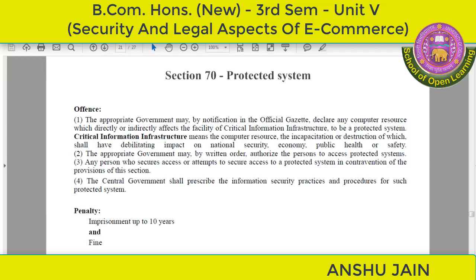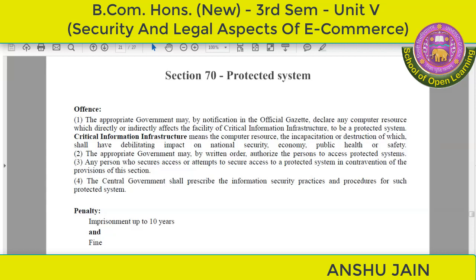Now if the government is declaring any computer resource which directly or indirectly affects the facility of critical information system, the government is declaring all this in the notification of the official gazette. The appropriate government by written order authorizes the person to access protected systems.